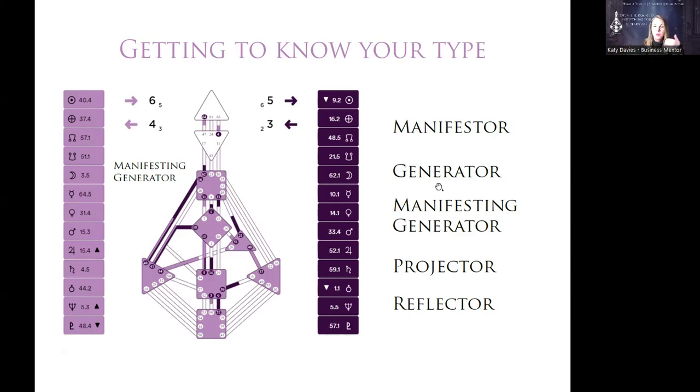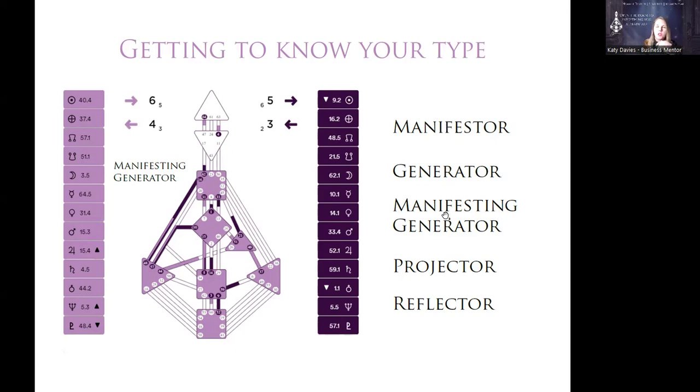The people who are doing the main bulk of the work on this house build, because they have this sacral, this life force energy that can sustain the work for longer periods of time, are the generator and manifesting generator. Again, it's not that they're going to say yes to every single house build or every offer from the manifester.